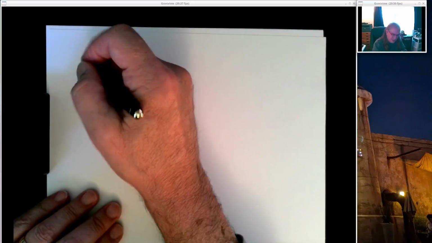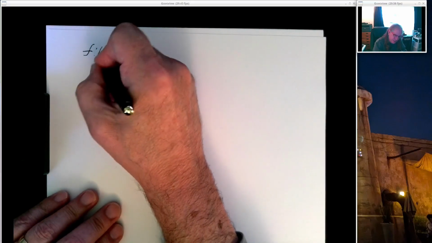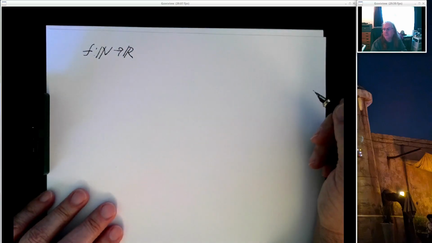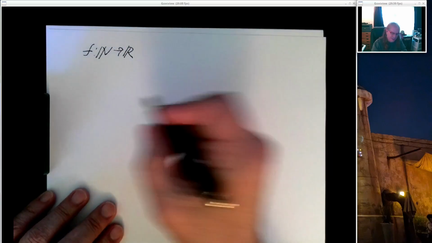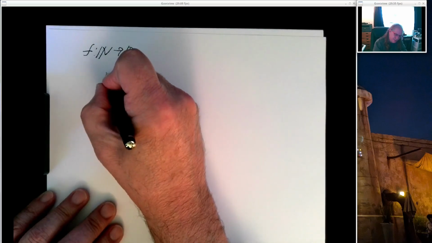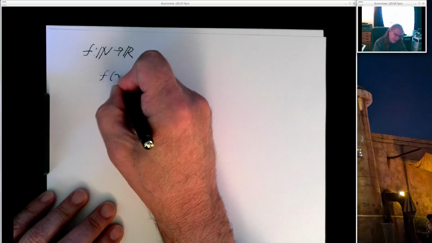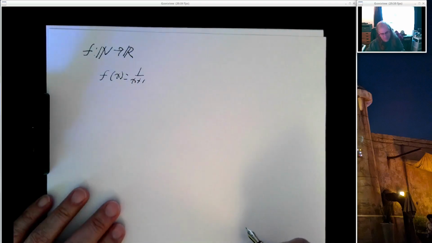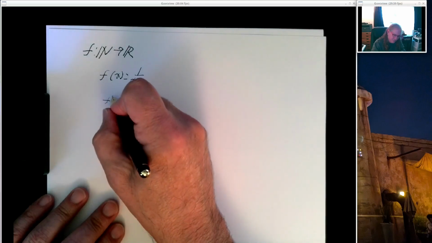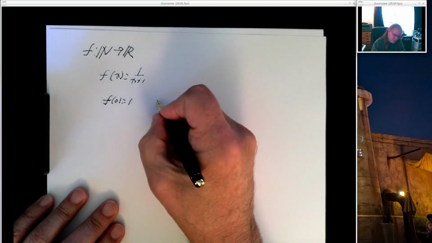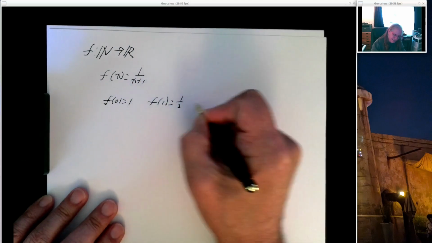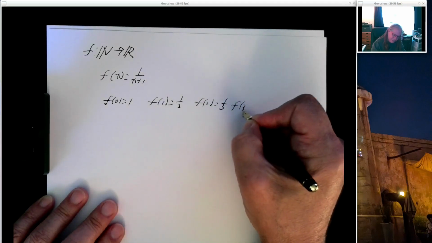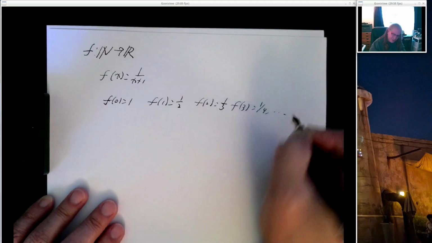I could define a sequence as a map from the natural numbers to the reals, and my formula might be f of x equals 1 over x plus 1. So f of 0 equals 1, f of 1 is a half, f of 2 is a third, f of 3 is a quarter, and so on.